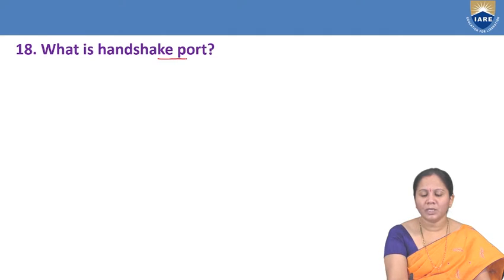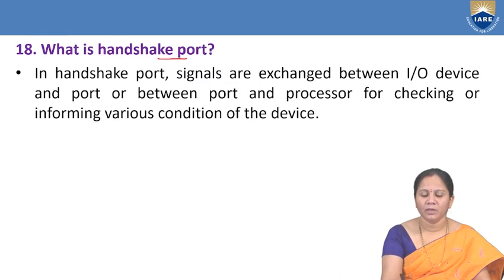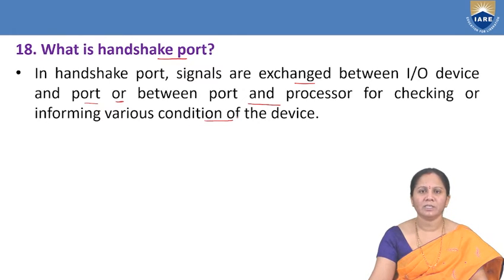Next, what is a handshake port? Using the handshake port, signals are exchanged between I/O devices and the port, or between the port and processor, for checking or informing various conditions of a device.